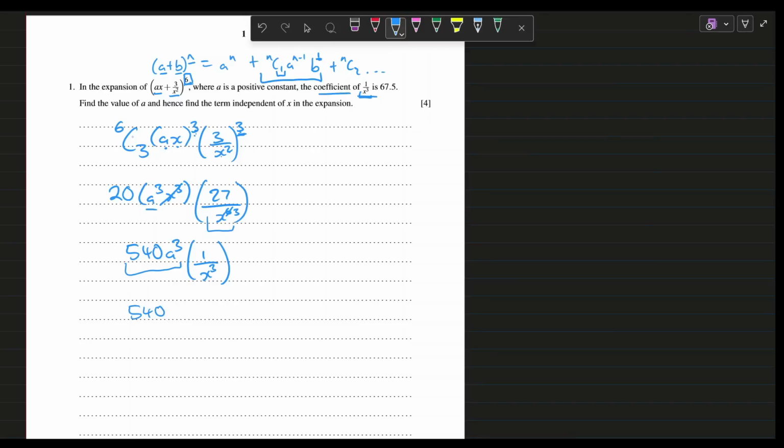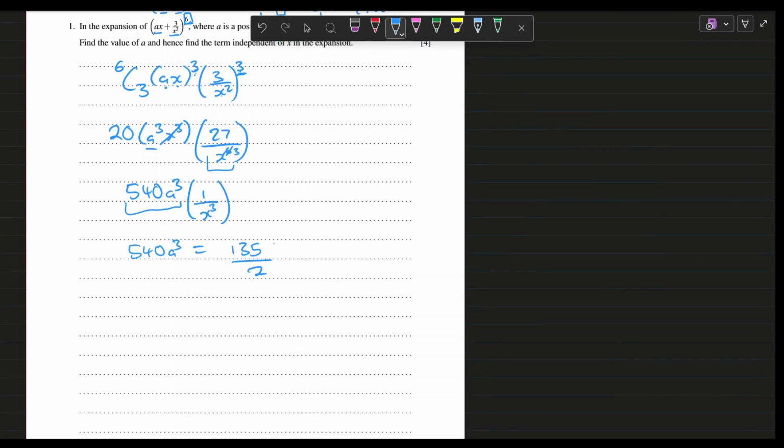So what this means is that 540a³ must be equal to 67.5, which we can write as 135/2. Now we're just solving for a. So a³ is going to be 135/2 multiplied by 1/540.